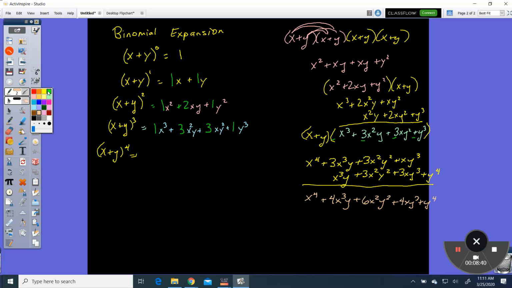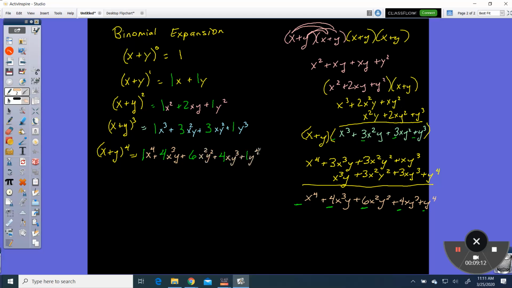So again, if I write down the coefficients, I have 1, then a 4, then a 6, a 4, and a 1. And it's x to the 4th plus 4x cubed y plus 6x squared y squared plus 4xy cubed plus 1y to the 4th.